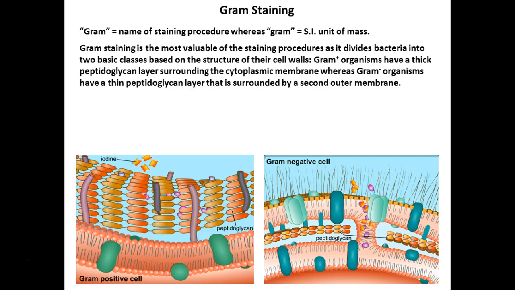And remember, gram-positive are going to be what color? Purple, because they retain the crystal violet iodine because they have a thick peptidoglycan layer. Gram-negatives have a thin peptidoglycan layer, so they don't retain the crystal violet iodine. Their outer membrane actually gets destroyed, and then they get counterstained and they're pink.